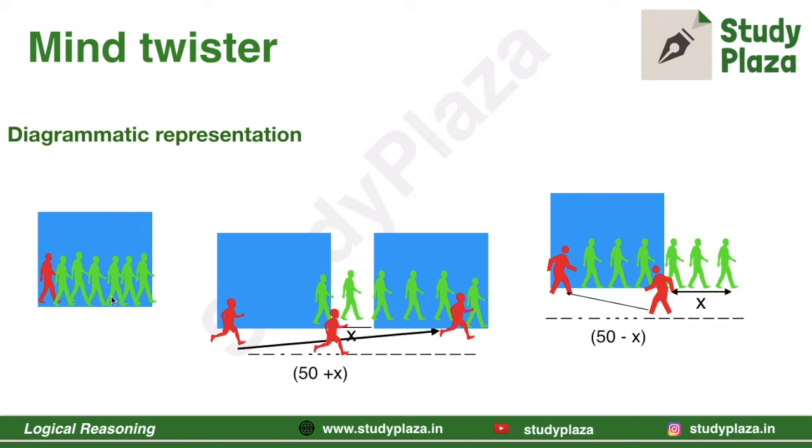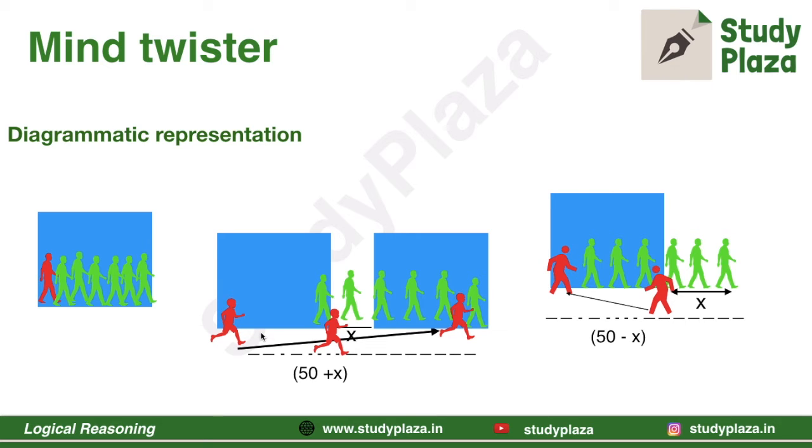Let us understand the question diagrammatically. This blue box with soldiers represents the 50-meter long unit in which the last person has been colored red. This last person has to run to give the letter to this first person. In this diagram, the soldiers started moving forward and the last person also started running to reach the first person.